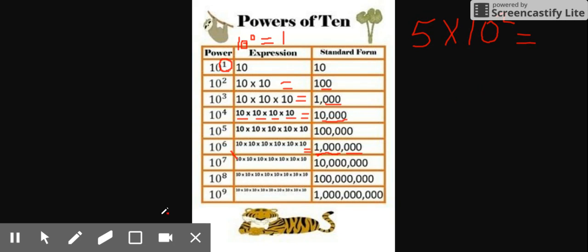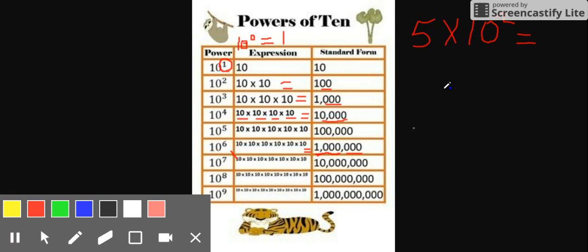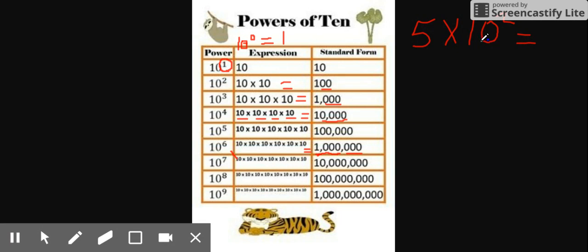What you do is you are going to multiply, because I added a number in front of the 10 to the 2nd power. I have a 5. So what I want you to multiply is the number and the 1. So 5 times 1 is 5. So I'm going to go ahead and put a 5. So that's all you do. If there's a number in front of the powers of 10, then you multiply it by the 1 first.